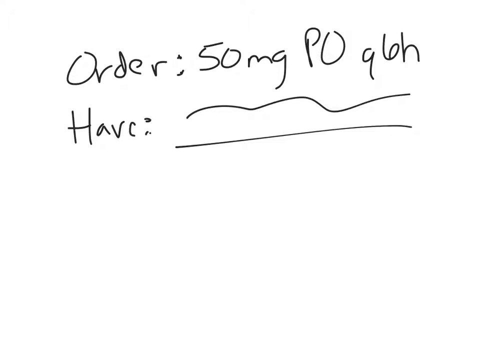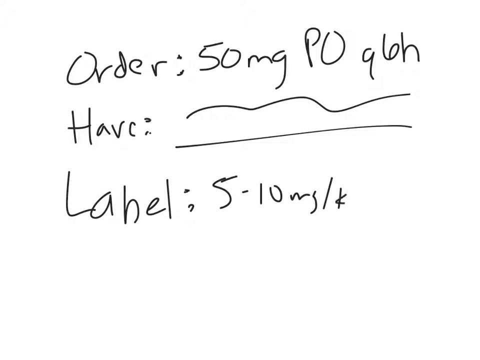Then we'll look on the label. Let's see. Sorry, I'm at my house right now and my dogs are getting on my nerves. All right, so my label says that anybody taking this drug can safely take anywhere from 5 to 10 milligrams per kilogram per day.